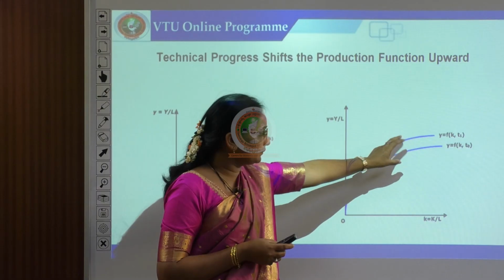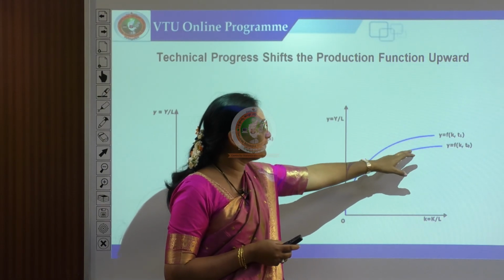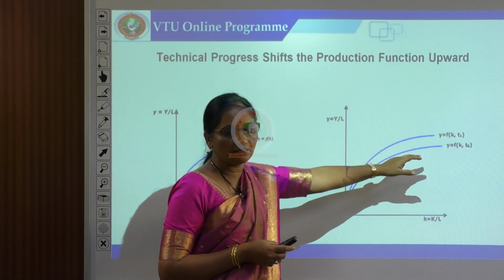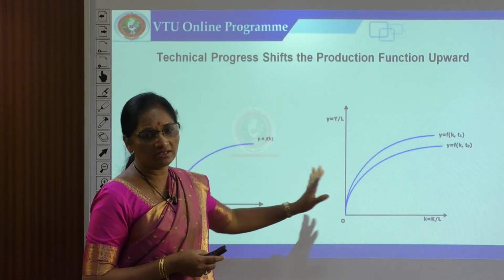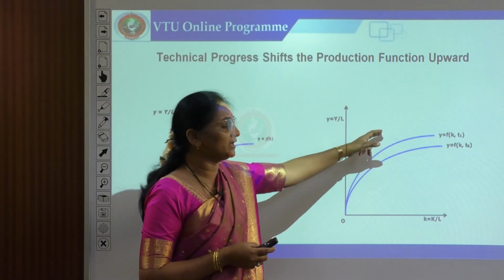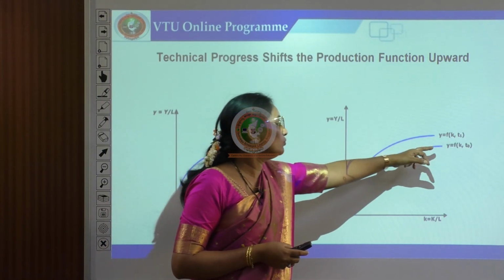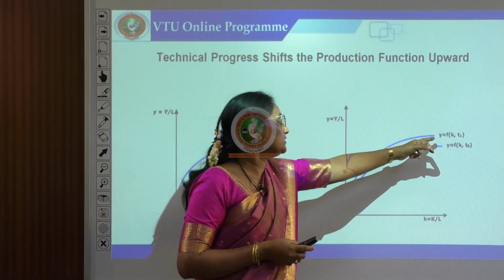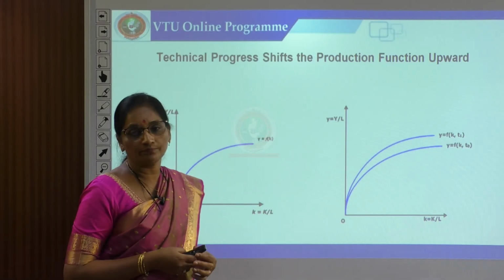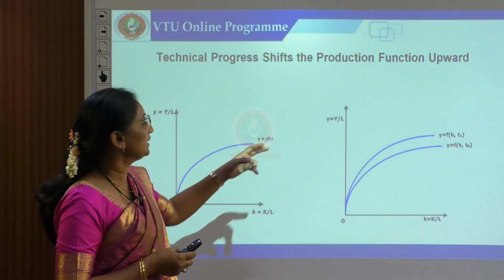If there is technological progress, this curve shifts from here to here. With the same level of inputs, output shifts from y is equal to a function of k, t0 to y is equal to a function of k, t1.